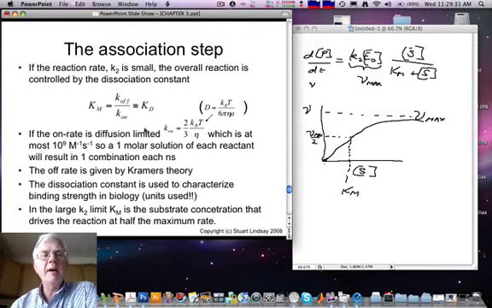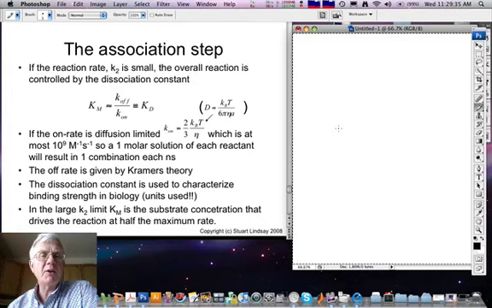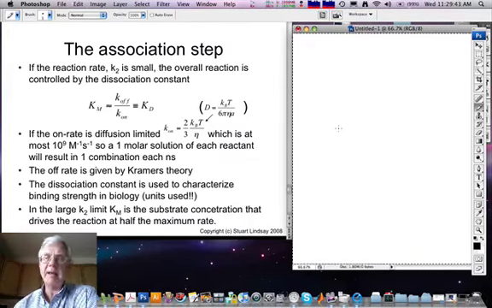Let us turn to consider a little more the situation in which the reaction rate is controlled now by the binding event in the first step, as opposed to the reaction event in the second step.